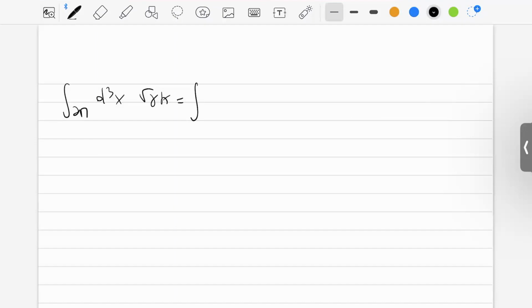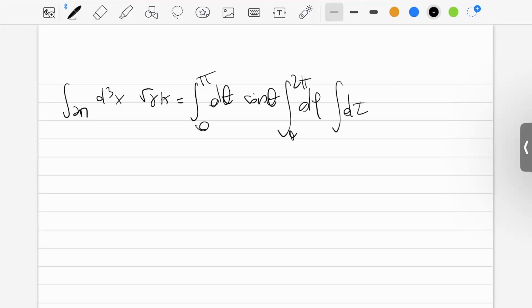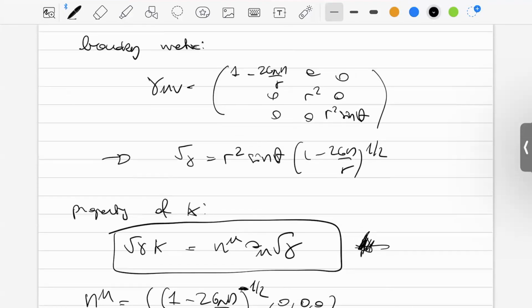So here I have an integral over x. An integral over x means an integral over theta, phi, and tau. So this is an integral over theta of the sine of theta. Then we have an integral over phi from 0 to 2 pi. And then we have the integral over tau. I said that the time is periodic with period equal to the inverse temperature, so this is an integral from 0 to 1 divided by T. And then we have the square root of gamma times k, which is exactly equal to this one.